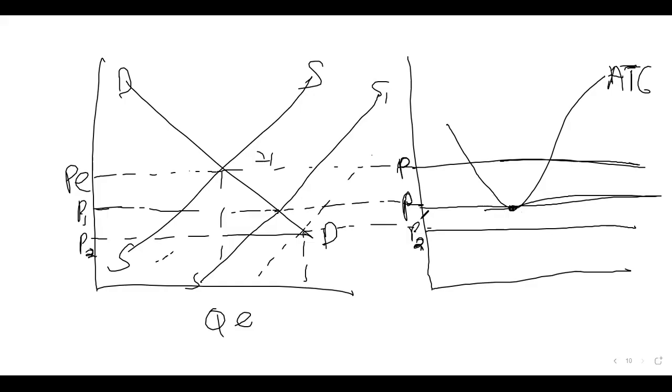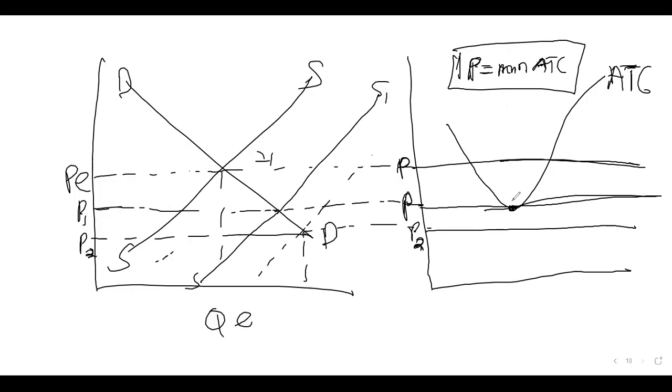So what I'm trying to say is that in the long run, the equilibrium point is achieved when price is equal to the minimum of the average total cost. So the decision to shut down in the long run is when price is equal to the minimum of the average total cost, because once the price goes below the minimum of the average total cost, the firm will have to leave the market.